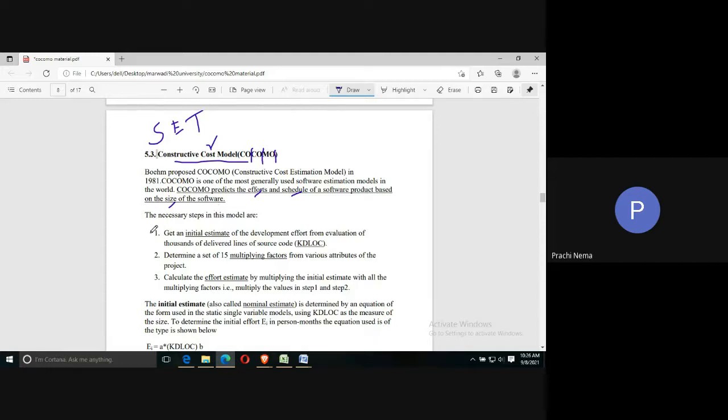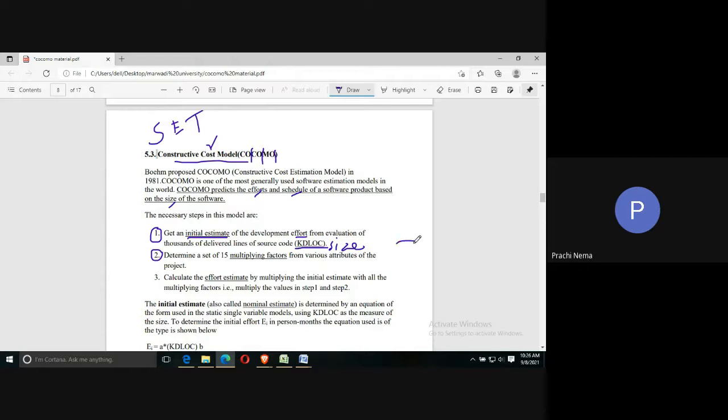Now, COCOMO involves three steps. First step is the initial estimation, the calculation of the initial estimate of the effort using the size, that is KDLOC, kilo or thousands of delivered lines of code. So using this size factor, COCOMO will calculate an initial estimate of the effort. Then in the second step, there are 15 multiplicative factors from various attributes.